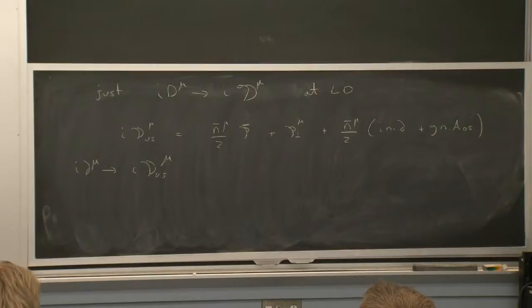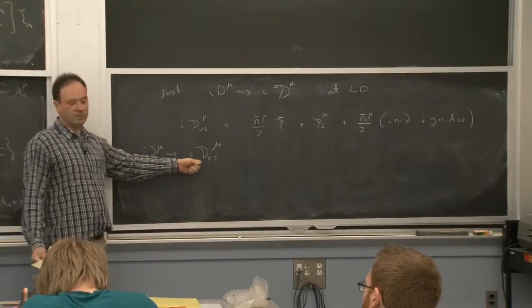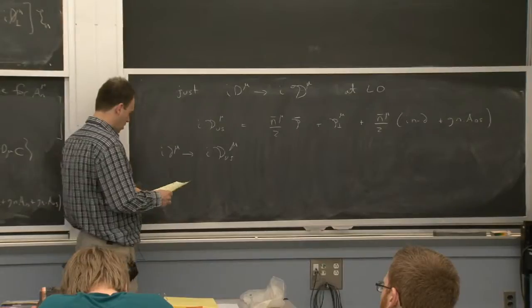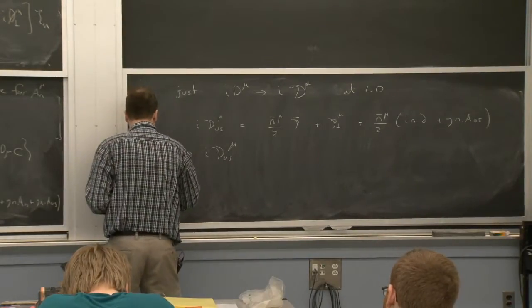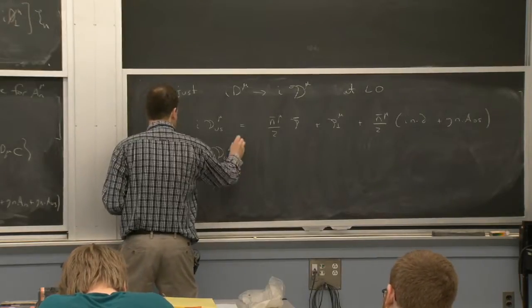Since this guy is supposed to be gauge fixing for the collinear gluons, we don't want it to be doing anything to the ultrasoft gluons. And that's accomplished if we make this replacement that i partial goes to i curly D. All right, so we could write out what L_CG^(0) is, but it's just these two replacements.